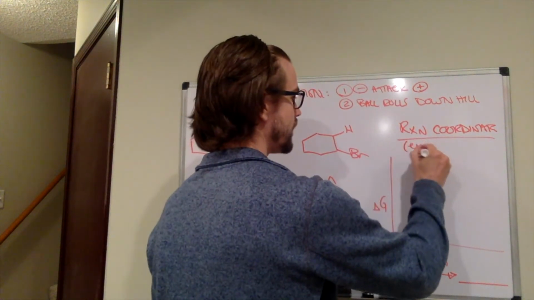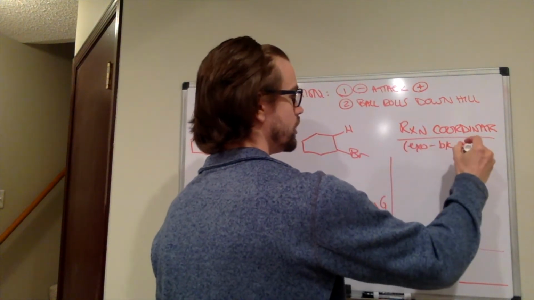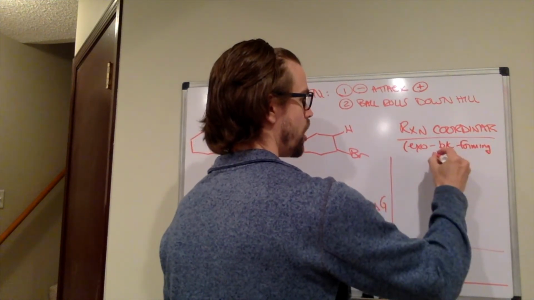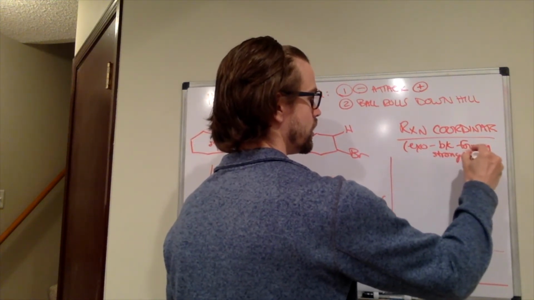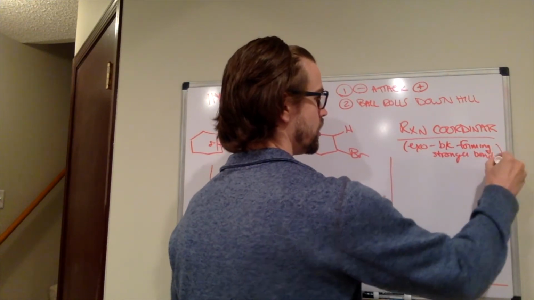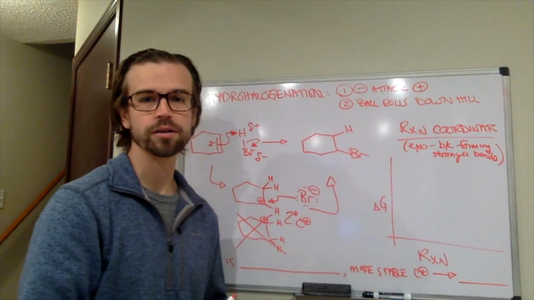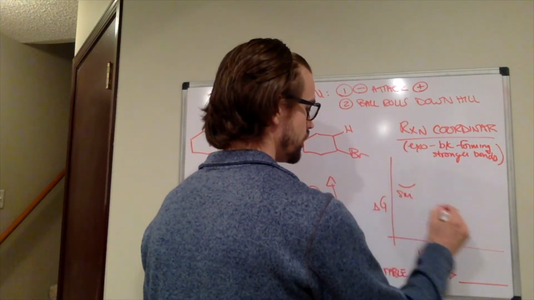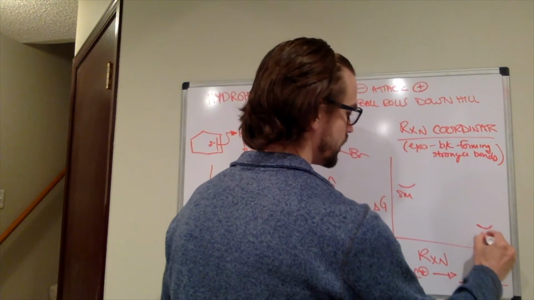So the reaction coordinate should be exothermic because we are forming stronger bonds. Our starting materials might be right here, and our products might be down here.